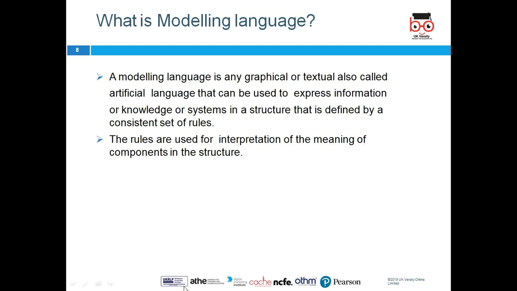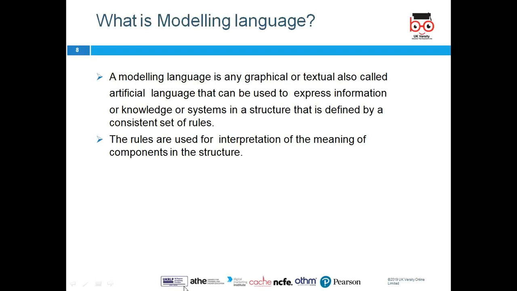So now the modeling language is any graphical language. You try to represent anything in a graph, or text. So that's basically artificial; you have made it artificially, isn't it? Yes, correct.